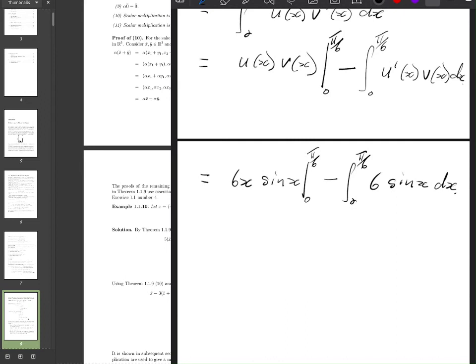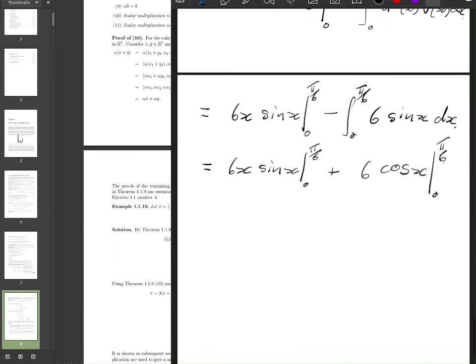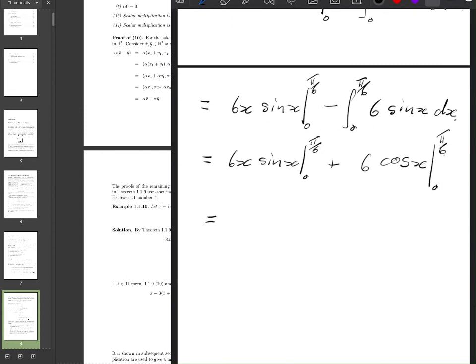Okay, and this we can evaluate. This then becomes 6x sine x from 0 to pi over 6, and this becomes plus 6 cosine x between 0 and pi over 6. And you can go substitute everything in there.